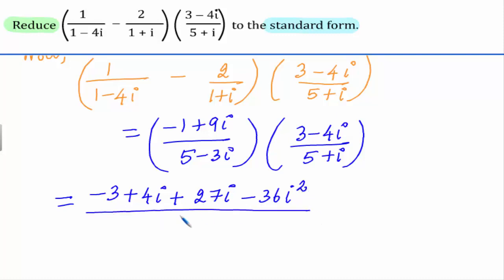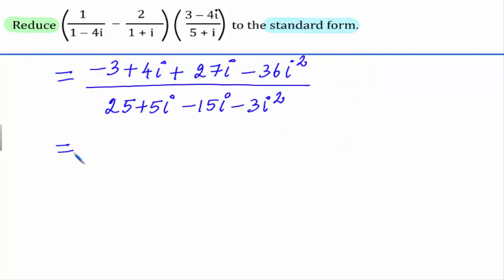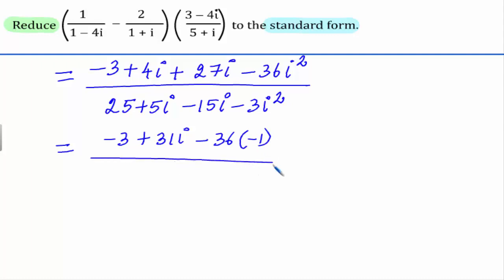And in the denominator we have 25 plus 5i minus 15i minus 3i square. This will be equal to minus 3 plus 31i minus 36 multiplied by minus 1. And in the denominator we have 25 minus 10i minus 3 multiplied by minus 1.